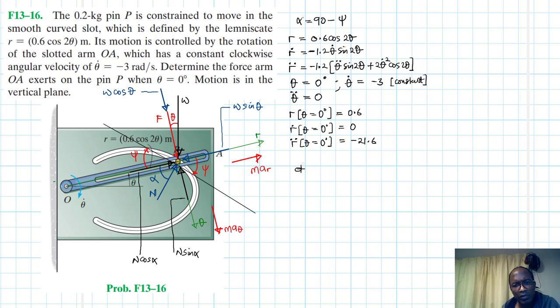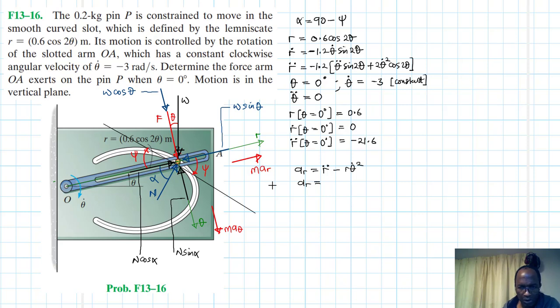Let's now work out the values. So AR is just equal to R double dot minus R theta dot squared. Therefore, our AR is just equal to minus 21.6 minus R, which is 0.6 times 3 squared.